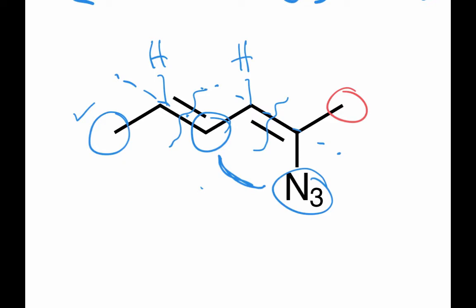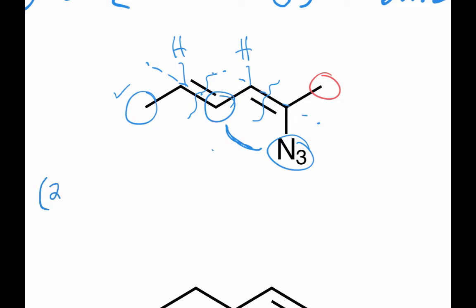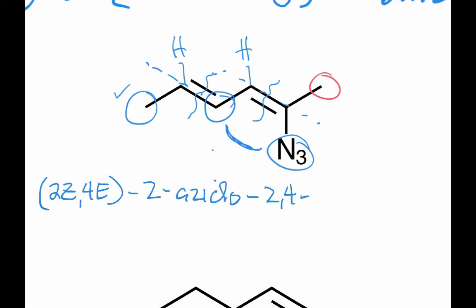So putting all of this together is going to give me the following name. I will get, in parentheses, at carbon 2, there is a Z alkene. At carbon 4, there is an E alkene. And then I'm going to have 2-azeto, 2,4-hexadiene.